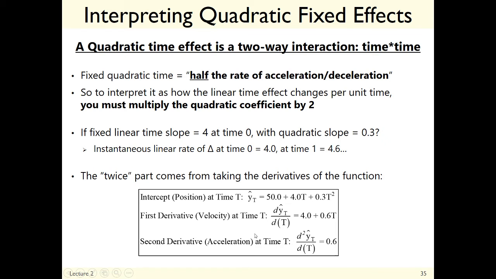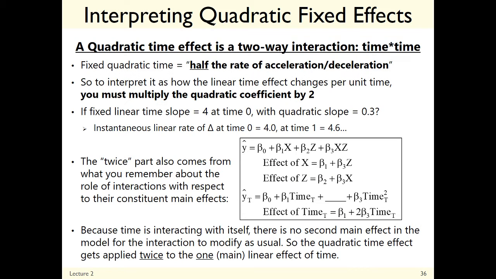And there's always some people that look at this and go, yes, calculus, yes. And there's some people that are like, calculus, no, no thank you. Here's the other way I can explain it instead, because it's part of the rules of how you would interpret any kind of interaction term, and a quadratic effect of time is just time by time. So in this type of model right here, I have a main effect of x, a main effect of z, and an x by z interaction. This x by z interaction does 2 things at the same time. It takes the main effect of x and it adjusts it based on z, makes it more positive, less positive, more negative, or less negative.